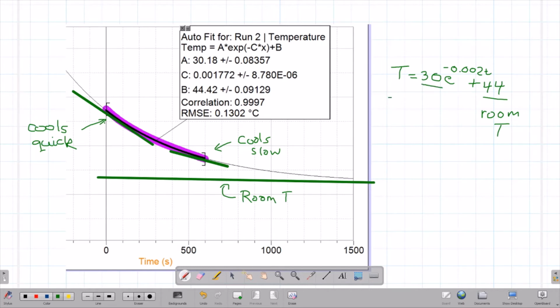This number, 30, actually represents the temperature difference between the coffee and the room at the beginning of the data collection. And the exponent, 0.002 times t, well, that's a constant that represents the physical properties of the system times the time.